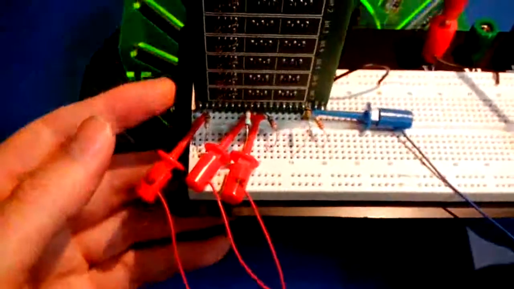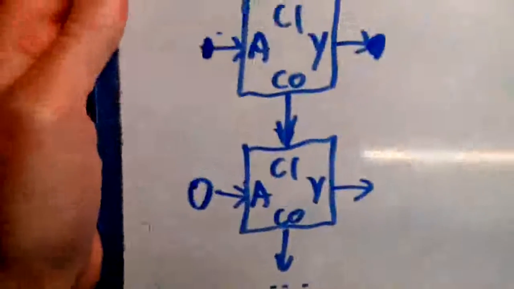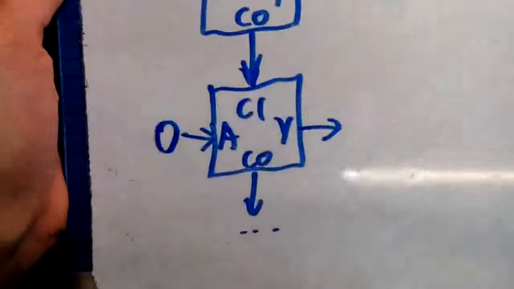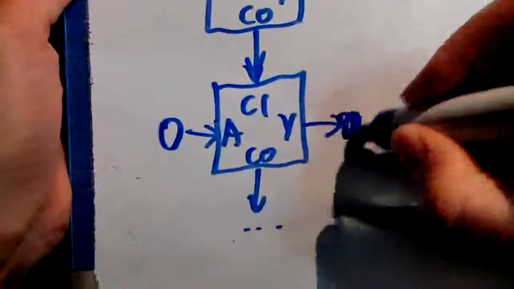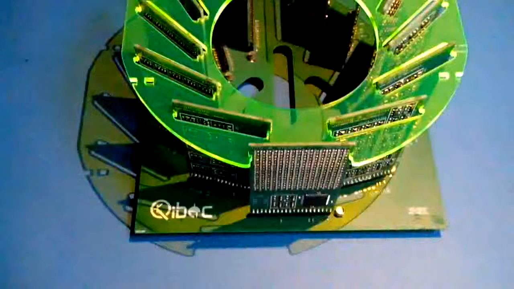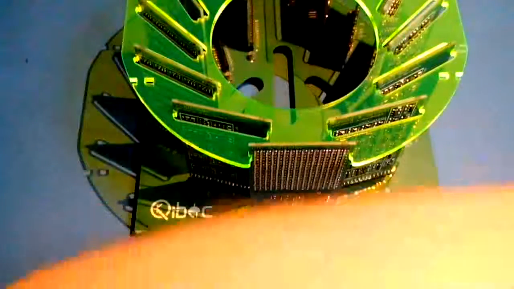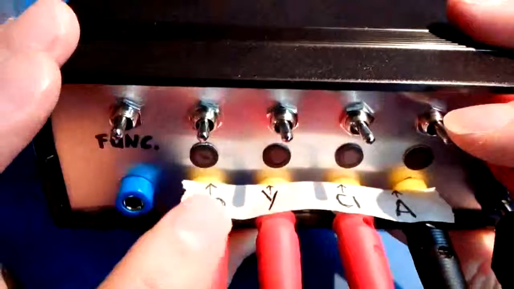We have wires clipped to these 4 nodes. And for convenience, we'll use this box again to display all those nodes.